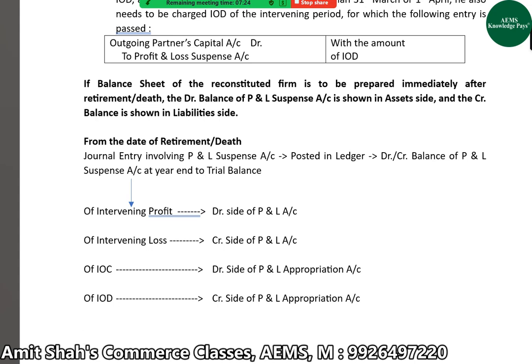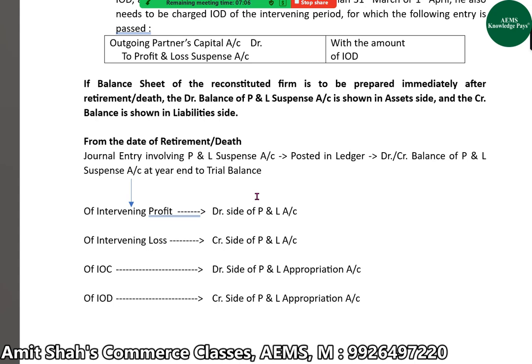Okay, sir. Although guys, you would not be asked to prepare final accounts of the year in which a partner retires or dies, yet you should know this. That is why I explained this to you. You would not be asked any question for sure.